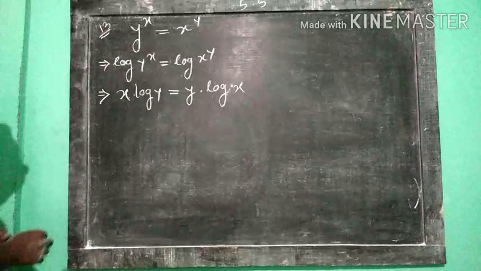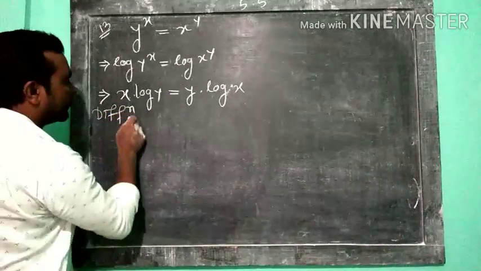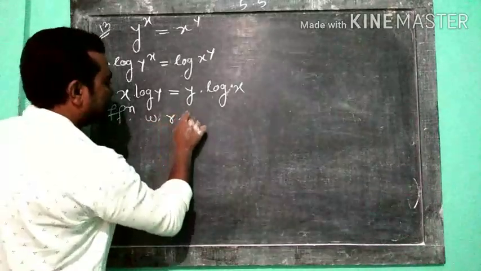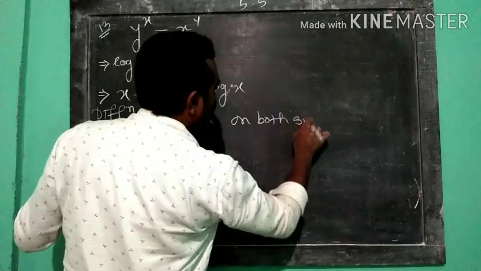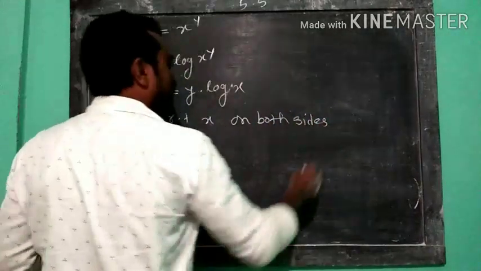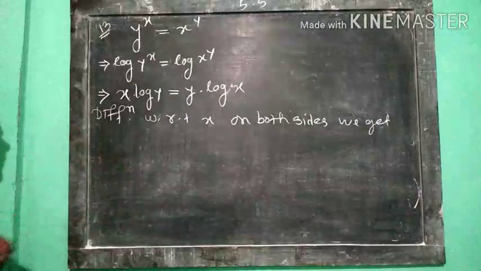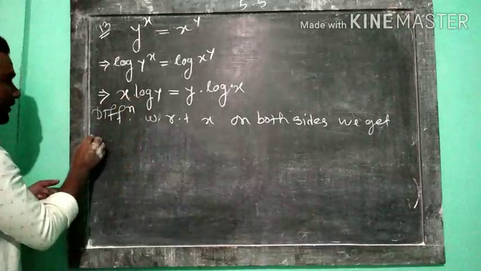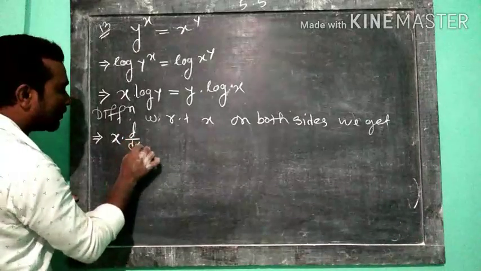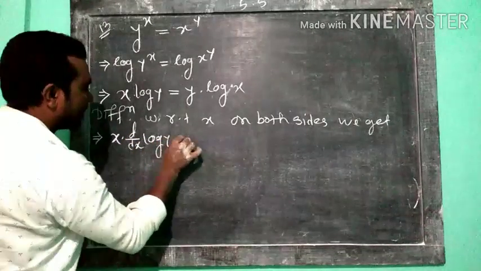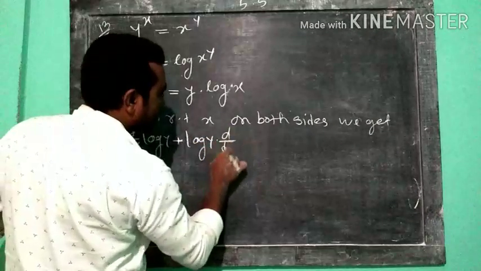Now differentiating with respect to x on both sides, we get: x is constant, d/dx of log y, plus log y is constant, d/dx of x.